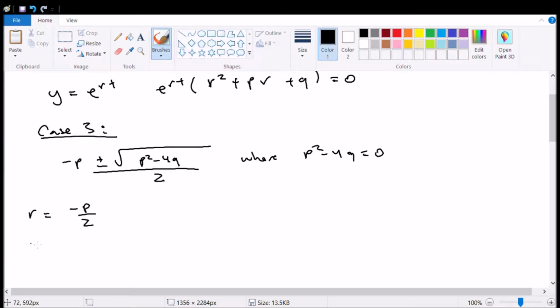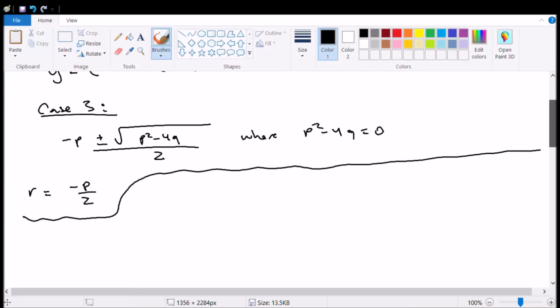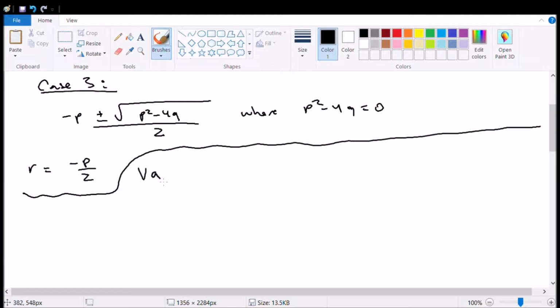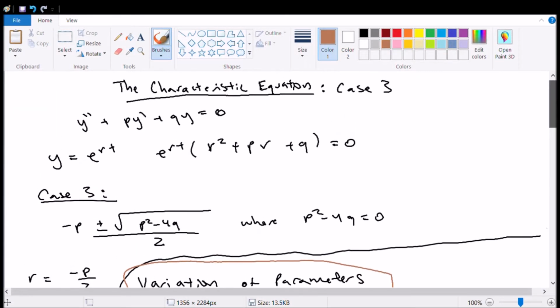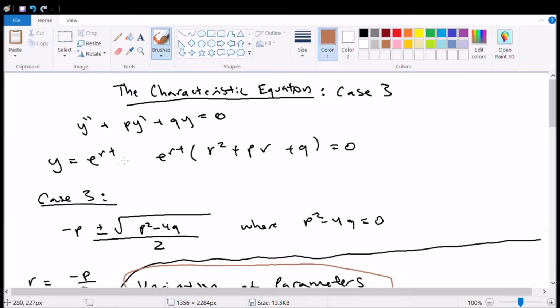Okay, so what we're going to do to try and solve this is called variation of parameters. What variation of parameters basically is that you know that when you have this one solution, you can stick any constant in front of it and it should still work, right?